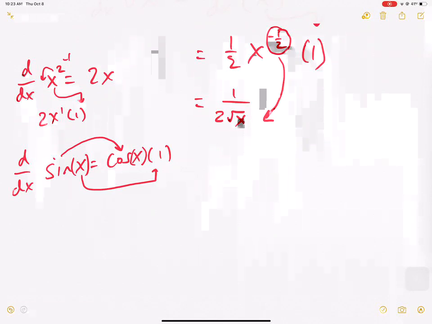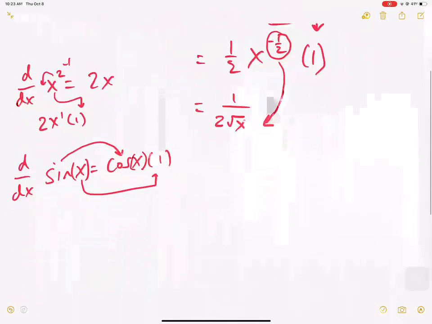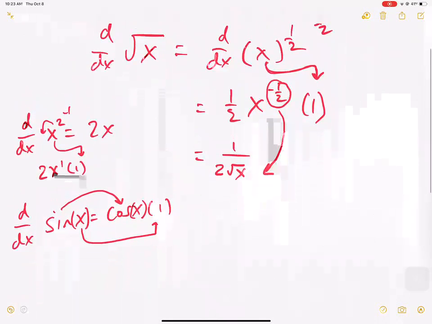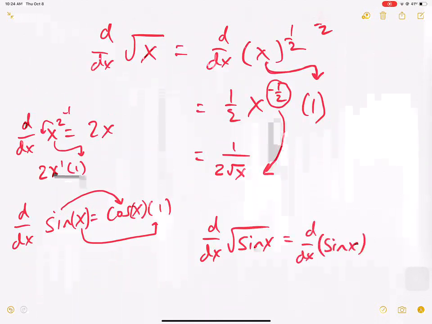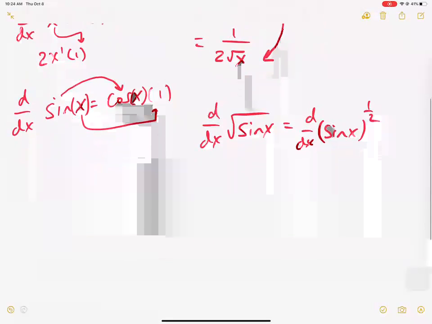Now, I'm going to do the same square root problem, except I'm going to throw something else in there: d over dx of the square root of sine x. We're going to do the same thing. Write this as d over dx of sine of x to the power of 1/2. So we do the power rule.